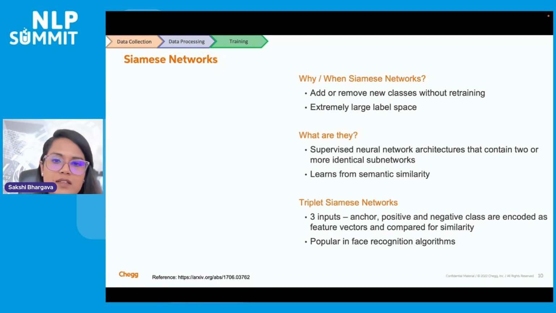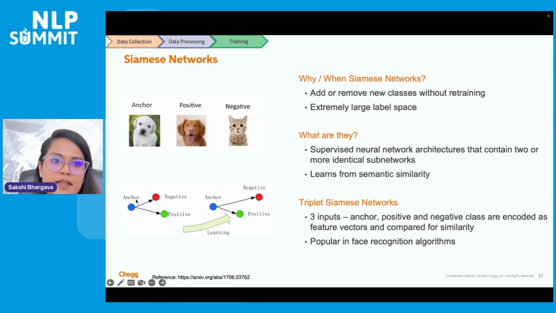But this data is usually not available, as we have seen, like we have to rely on annotations and proxy labels, etc. So to address this issue, we use a different class of neural networks called Siamese networks. These consist of identical subnetworks, usually with the same architecture and weights. Triplet Siamese networks, in particular, have three inputs: the anchor, positive, and negative class.